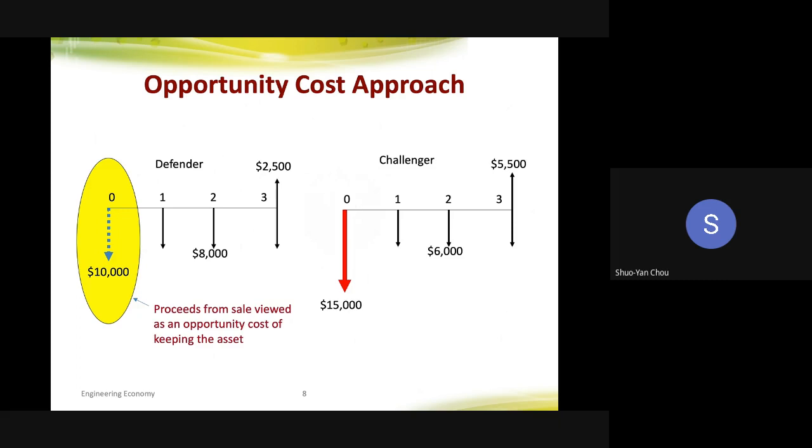But in reality, if this amount of money was not transferred to the other side, you are losing the chance of getting this amount of money. That's the opportunity cost. Just like the restaurant case I used for describing opportunity cost.